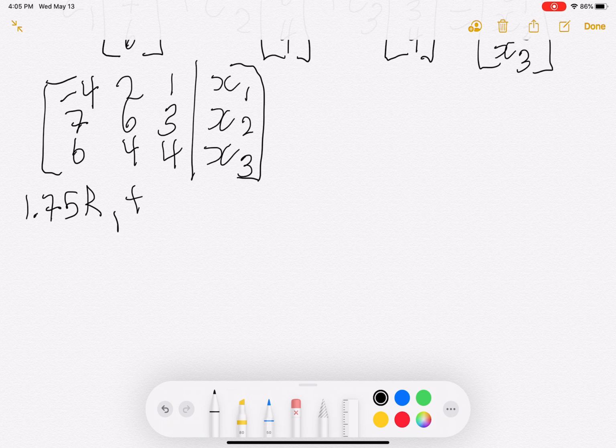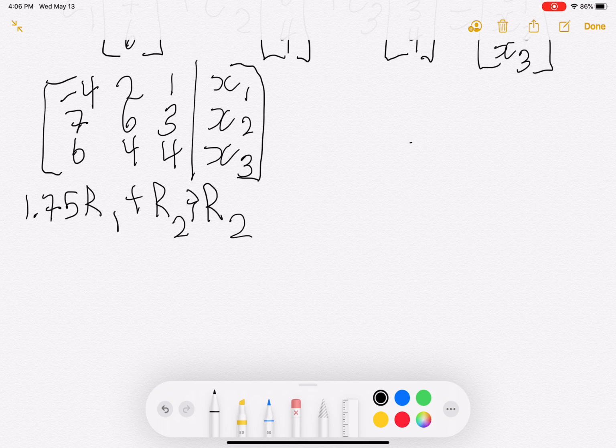And then add to that. Actually, let's see if this might give us an easier solution. No, it won't. Never mind. Plus row 2, and our changes go to row 2.